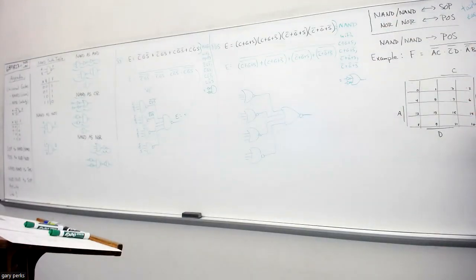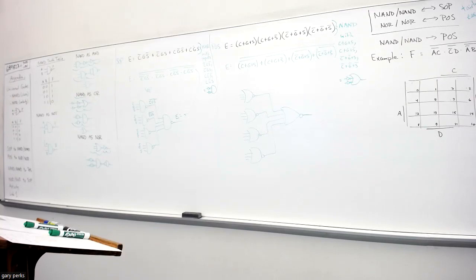Okay, so it's fairly easy. Again, when you're first learning something, it's not necessarily easy, but compared to other things, it's fairly easy to do any of these back and forth. It's not so easy. It requires more work to go from NAND to POS or NOR to SOP. Okay?